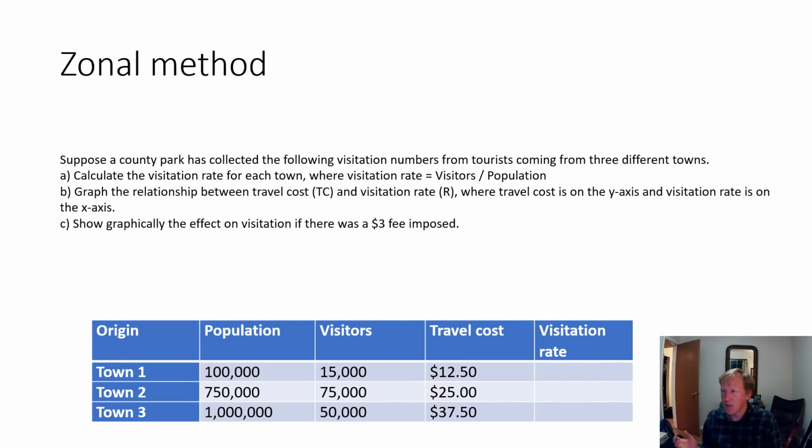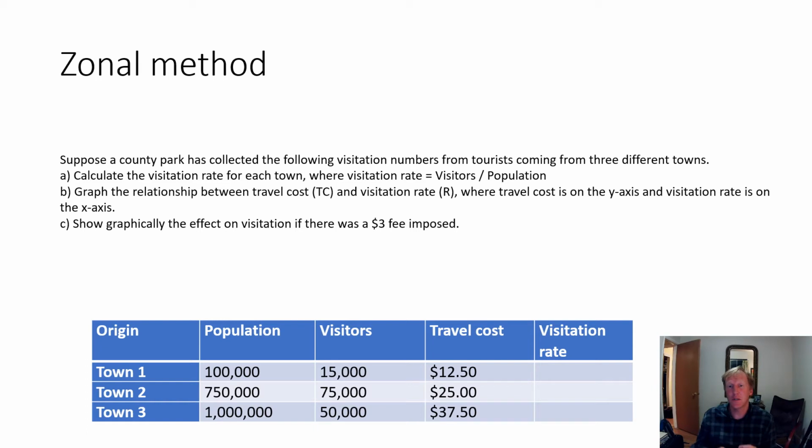So we have town 1, town 2, town 3, and they have different populations. What we're looking for is the percentage of people from that town or from that zone that visit. So let's say that in town 1, there's 100,000 people and 15,000 visitors. So 15,000 people from town 1 visit this park or this destination in any given year.